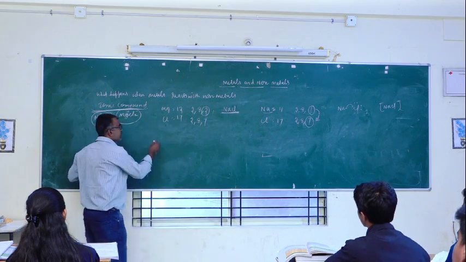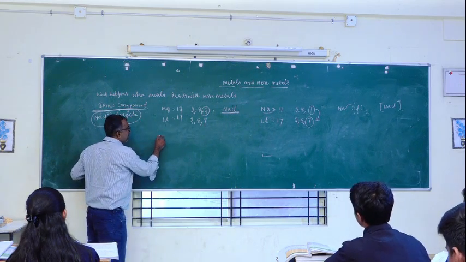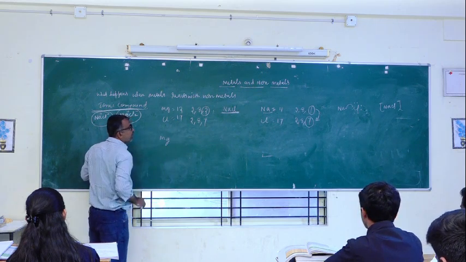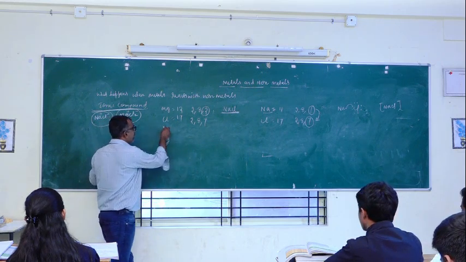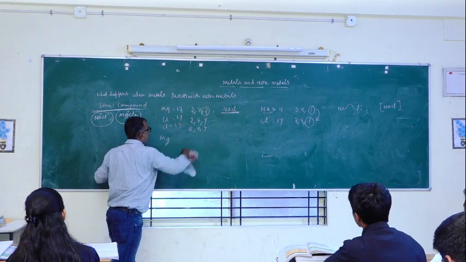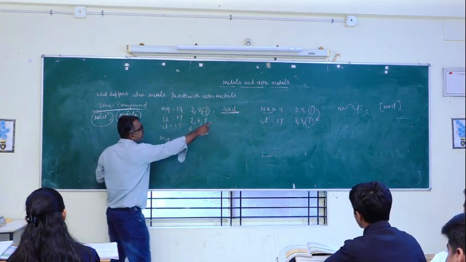So here I am going to write Mg, and write Cl again, Cl 17 with 2, 8, 7.